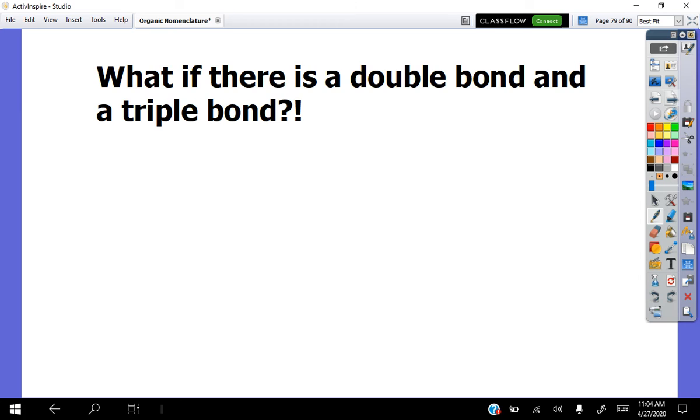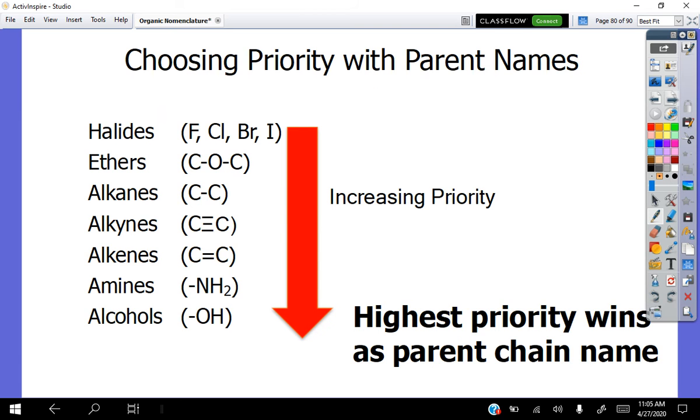What if there's a double bond and a triple bond? Well, I mentioned priority earlier. There's actually a priority of naming systems for each functional group. So alcohols have the highest priority. They always take the priority in the parent chain if they are present.